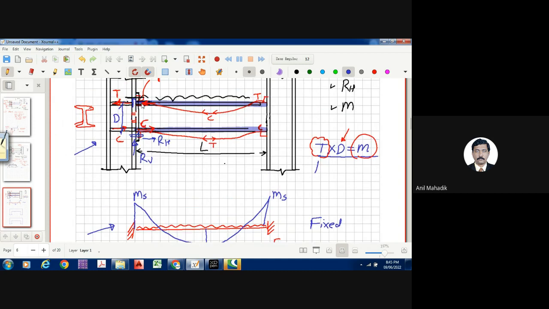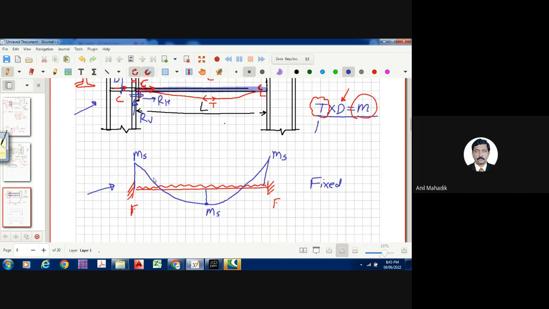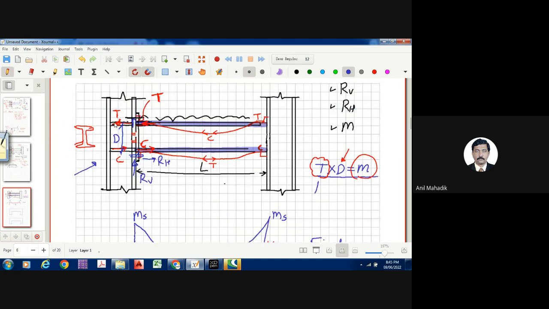So we have already seen कि अगर मुझे ये moment करना है at the support, so top में मुझे tension develop करना होगा. I need to develop tension at the top and transfer to the support. I need to develop the compression at the bottom and transfer to the support. Okay. Are you getting this? Create tension at the top and transfer to the support.